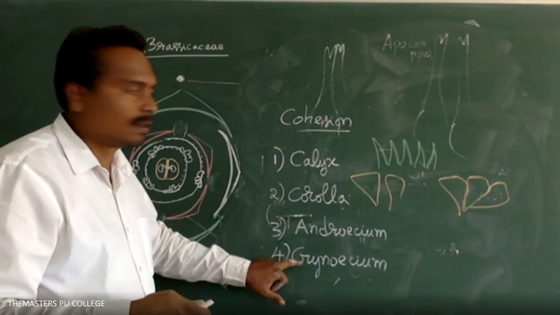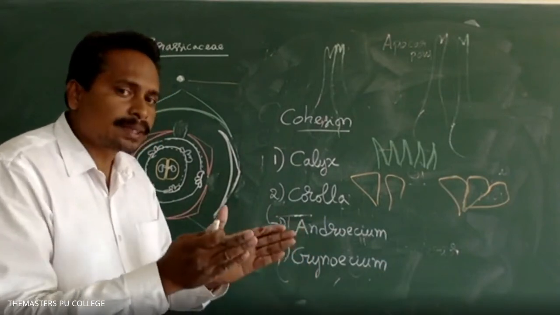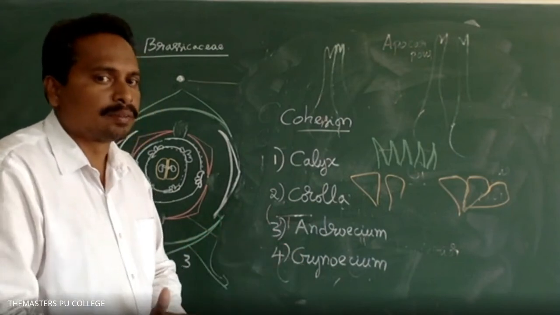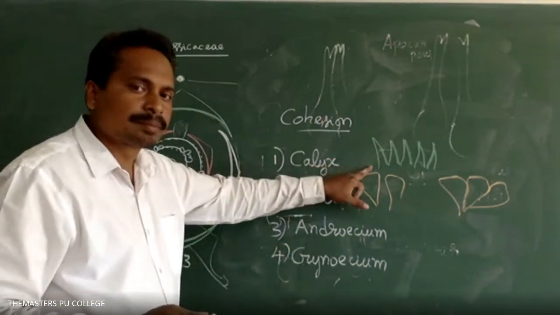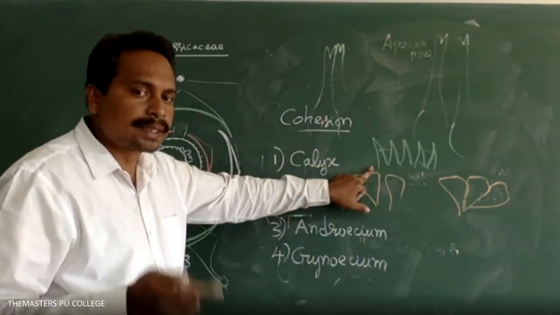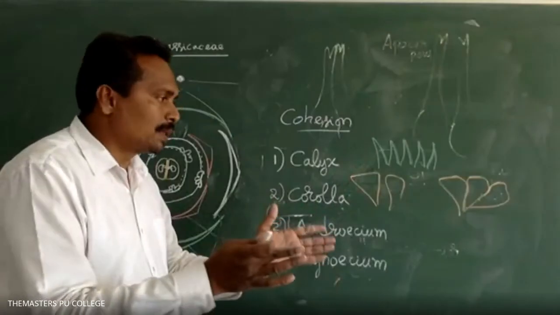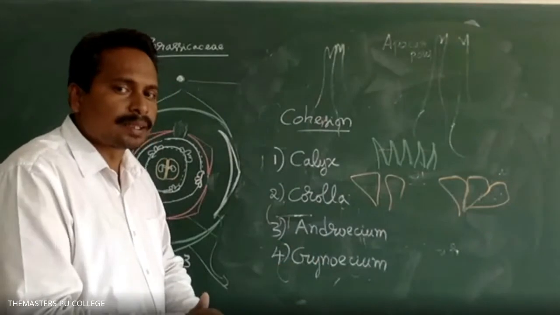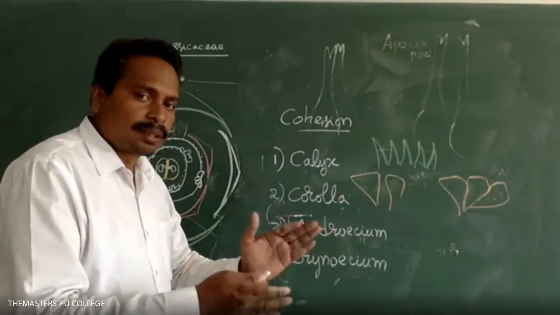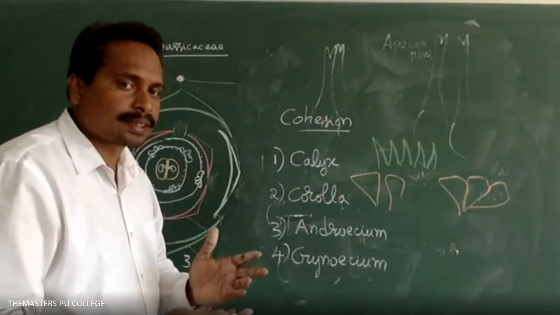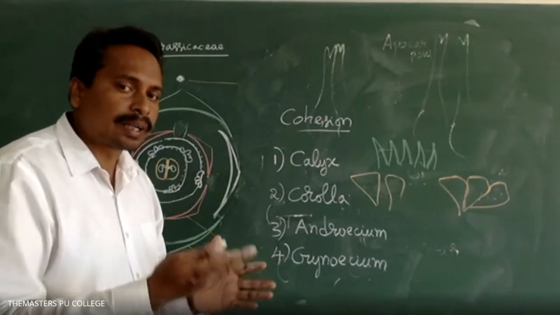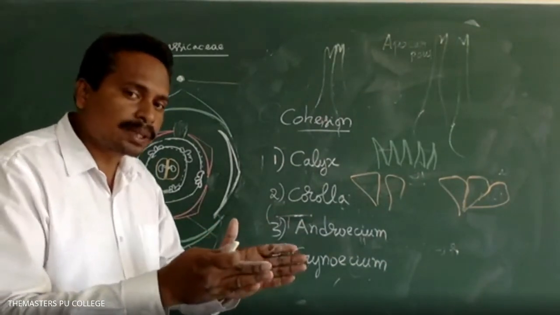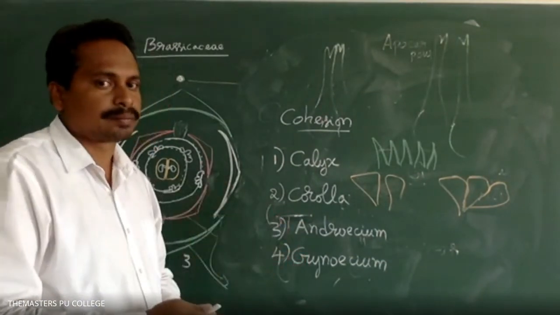So if the same members are fused with each other, what are the members of a calyx? Sepals. If the sepals are fused, that is cohesion. The sepals are the units of calyx.